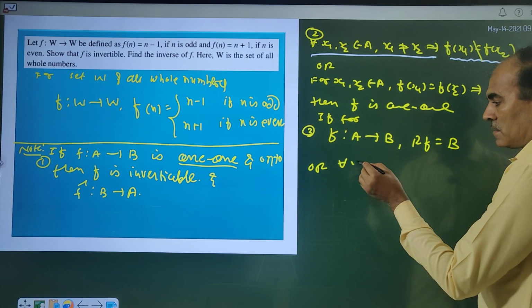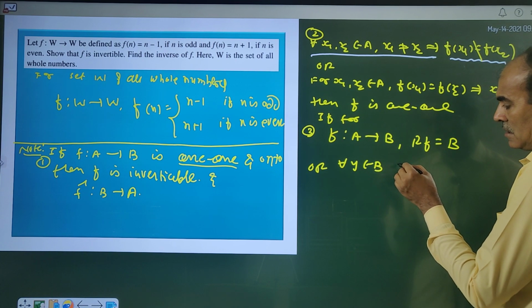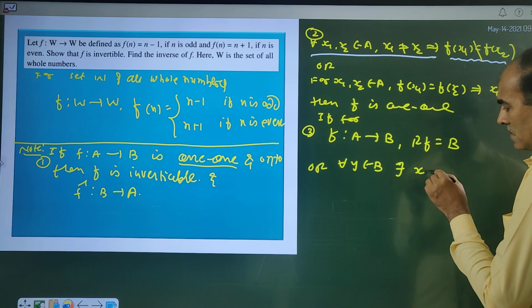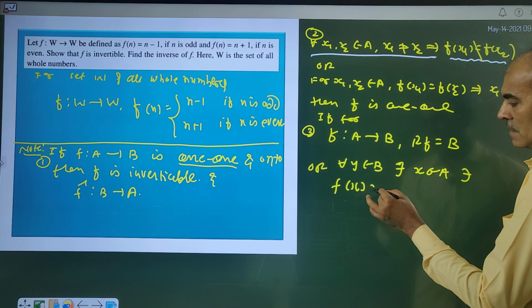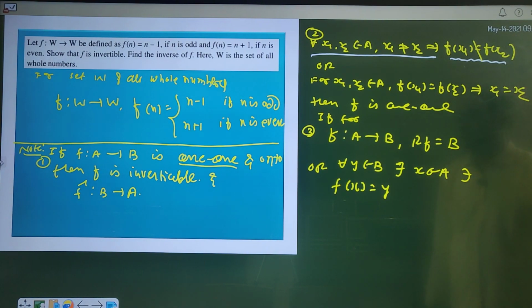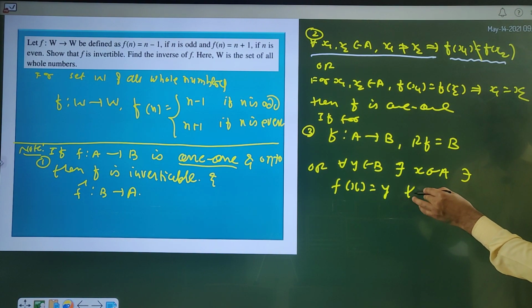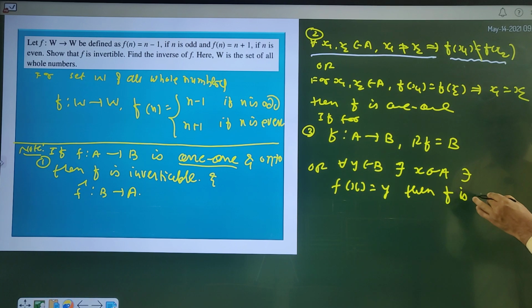That means for all y belongs to B, there exists x belongs to A such that f of x is equal to y. Then f is onto.